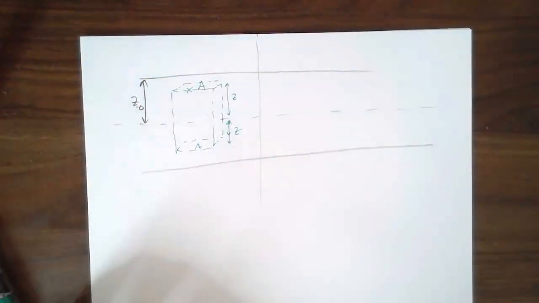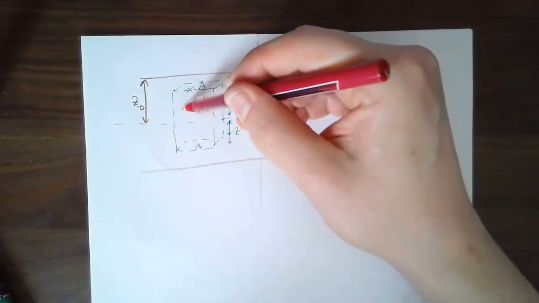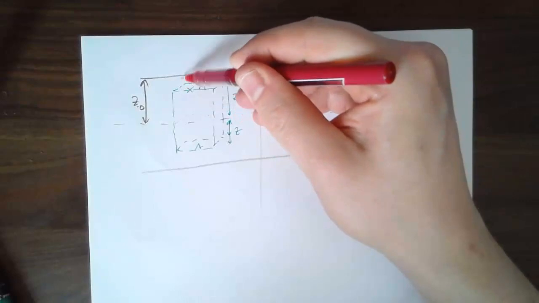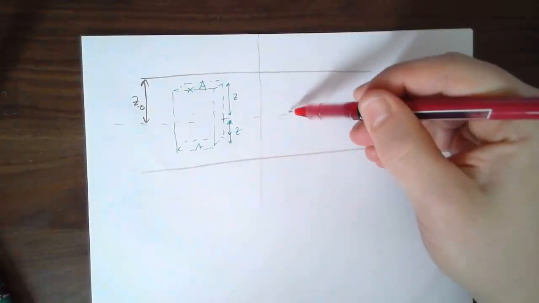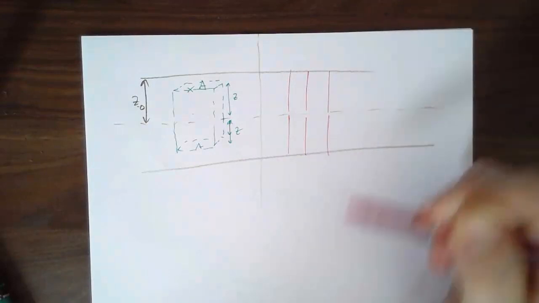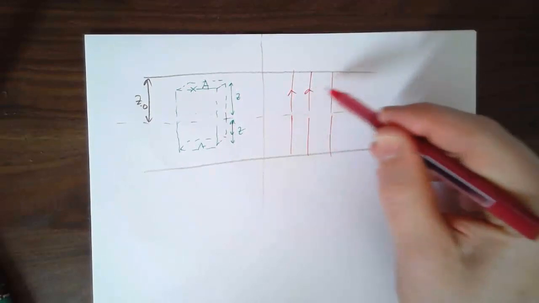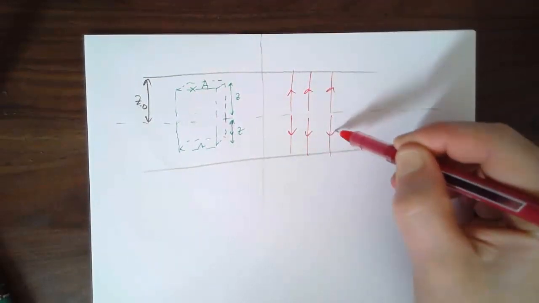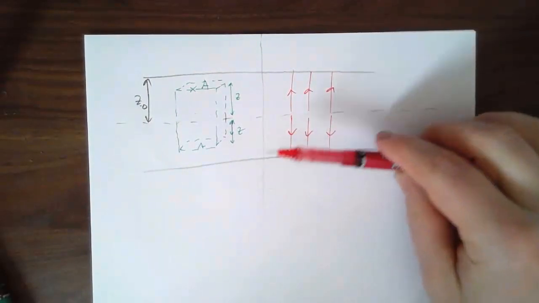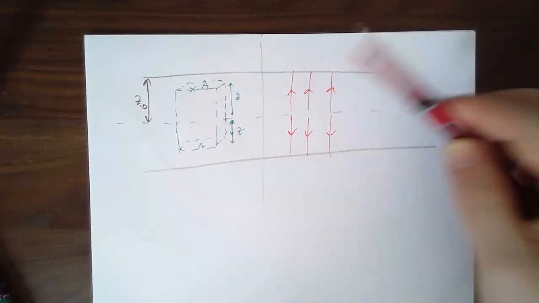The flux, again, just by the symmetry, we know that even inside the slab, the field lines have to be vertical. All the field lines are going to be vertical. And you probably guess that the field lines up here are going to go up, the field lines down here are going to go down, just from the reasoning that if I'm above, right here, there's more charge beneath me than above me.